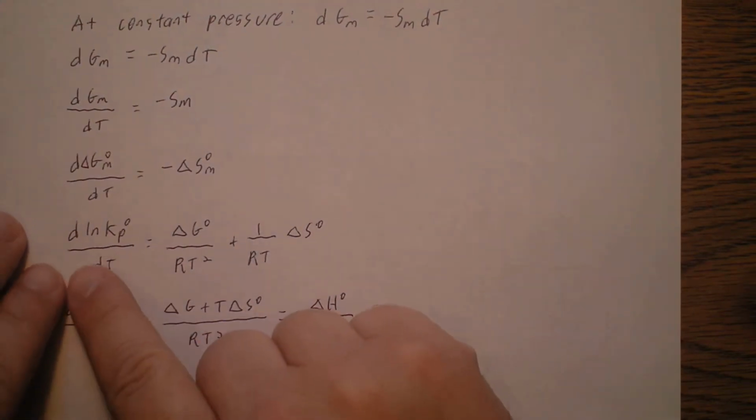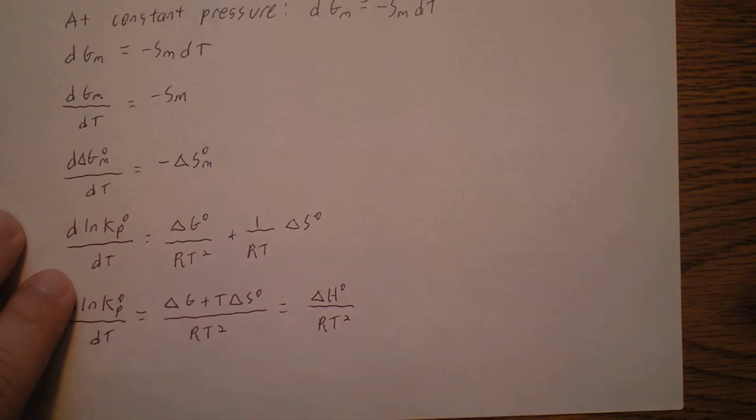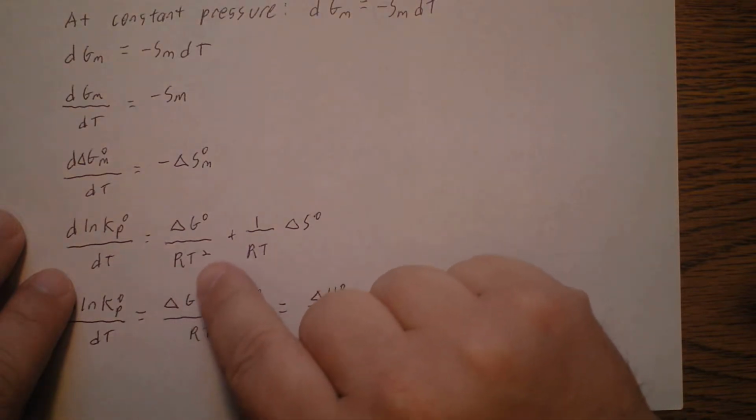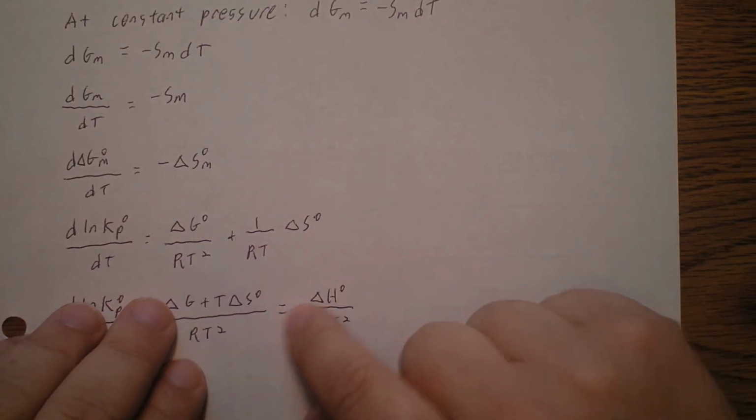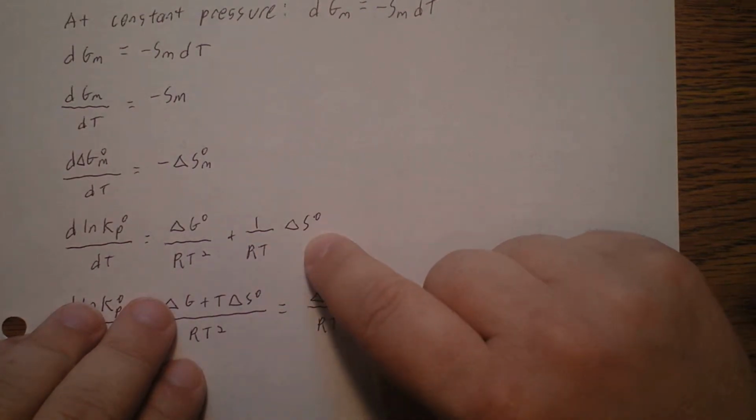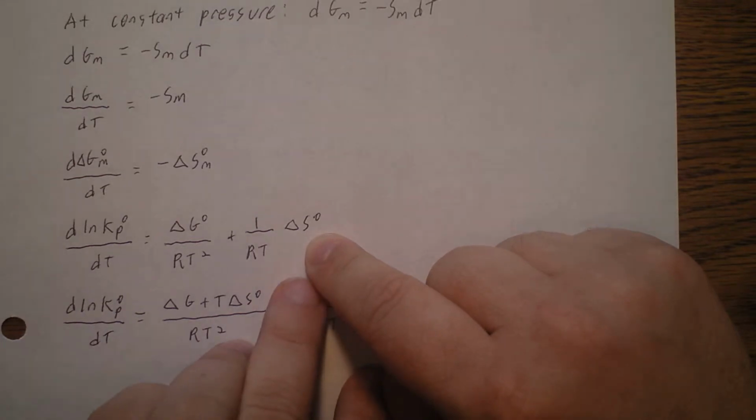So now we have the derivative of the natural log of Kp0 with respect to temperature is equal to delta G0 divided by RT squared plus 1 over RT times the change in S0.